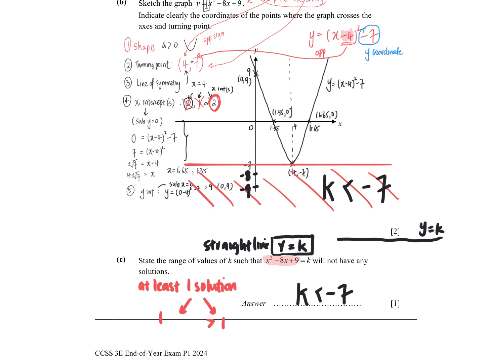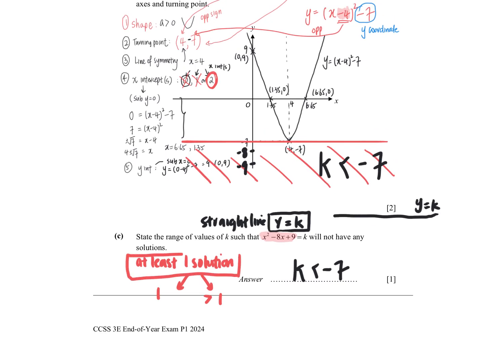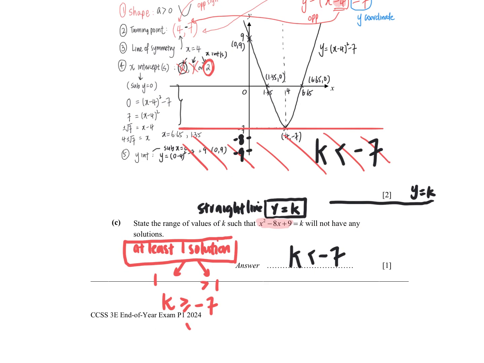So that means my line can be at minus 7 or anything more than minus 7. So if I ask for at least one solution, then you can tell me my K must be greater than or equal to minus 7. It includes the minus 7 because at minus 7 there's one solution here.